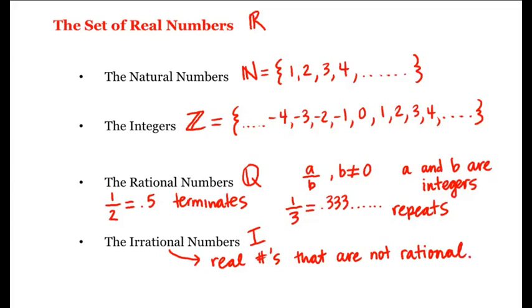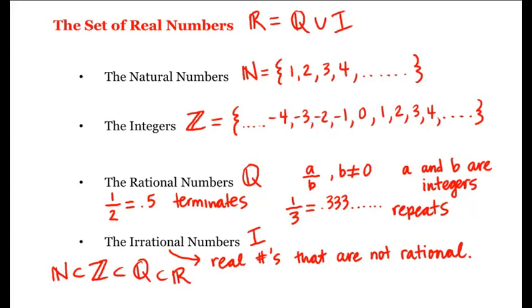So a real number is either rational or irrational. So let's write that up here. Capital R is the rational numbers together with the irrational numbers. And we have that the natural numbers are contained in the integers, contained in the rationals, contained in the reals.